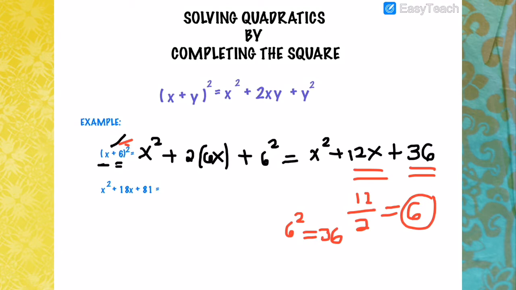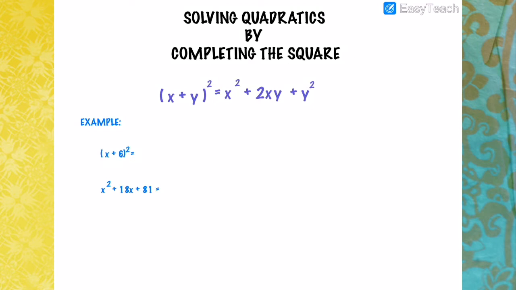Another example is if we have a perfect square trinomial. How do we factor a perfect square trinomial into a perfect square binomial? So what we did with the expansion, which is x² + 12x + 36, when we factor this out, it will be exactly the same process.